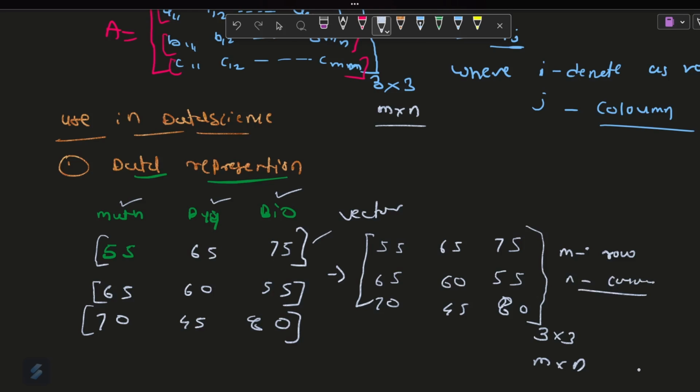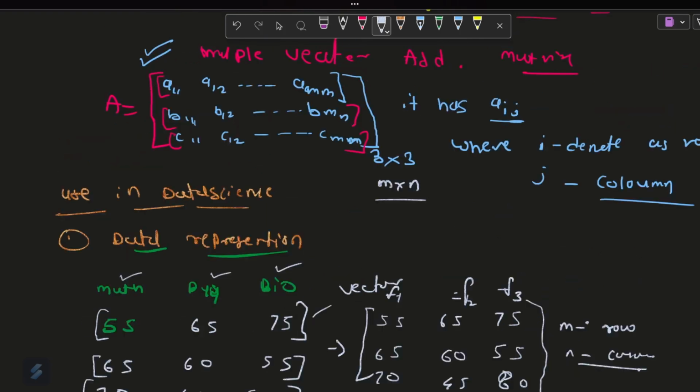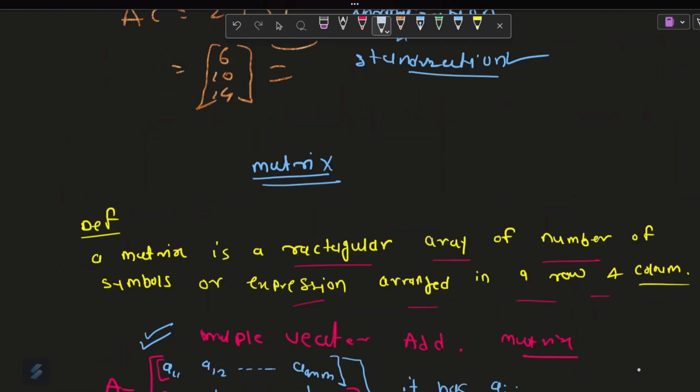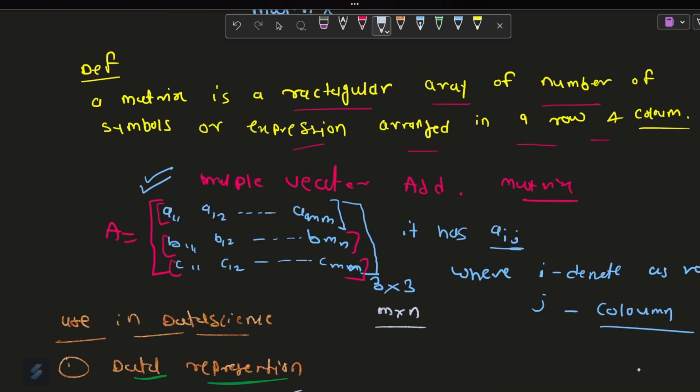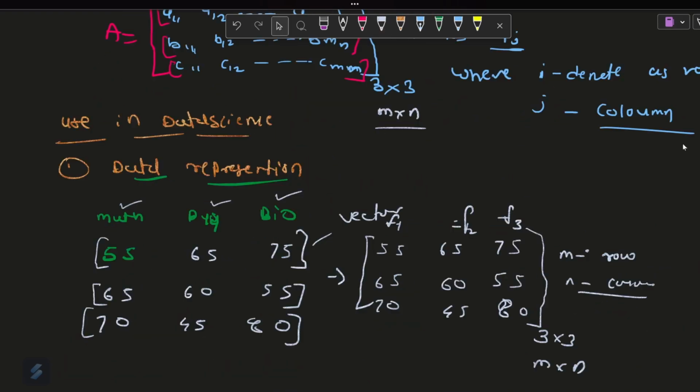And then we have feature one, feature two, and feature three. I hope you understand some basic concepts of the matrix and what a matrix is. Okay, so we will meet now.